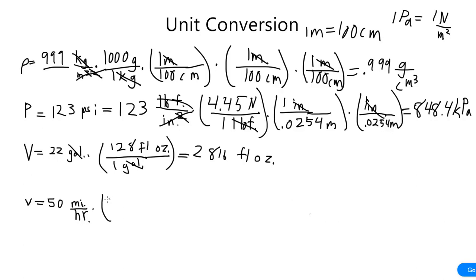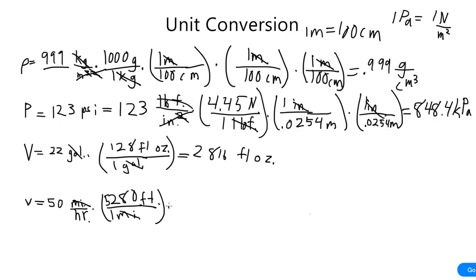So it's going to be basically 1 mile has 5,280 feet in it. And then those cancel, and then we get feet in the numerator. So we can stop with the length then, and now it's onto the time.